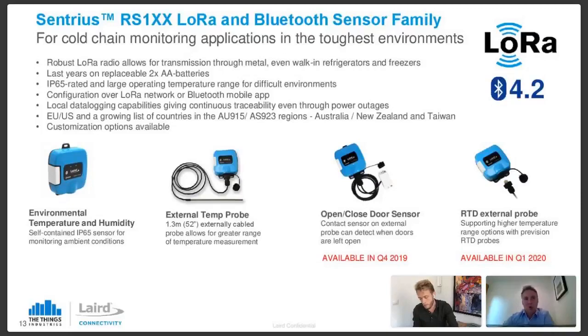A secure, robust IP65 rated enclosure that can be wiped down and cleaned and stops the ingress of water and moisture and the general kind of materials that you get in a food preparation environment. It can support LoRa, and it can also support Bluetooth Low Energy. So there is supporting mobile applications where you can have configuration over LoRa or over that Bluetooth link.